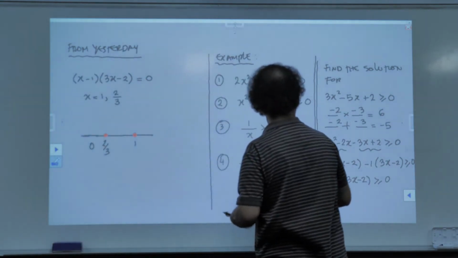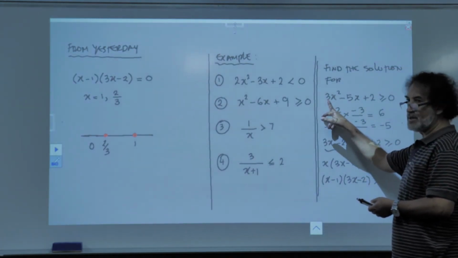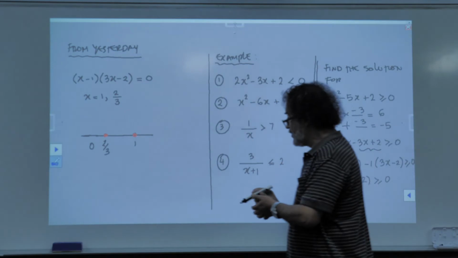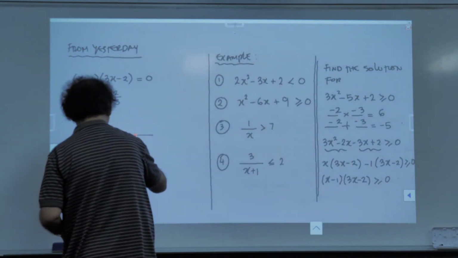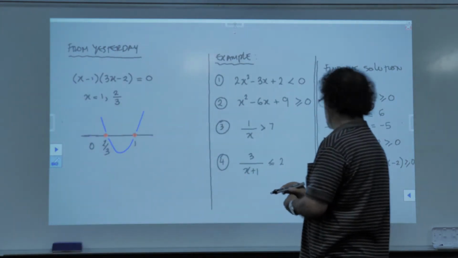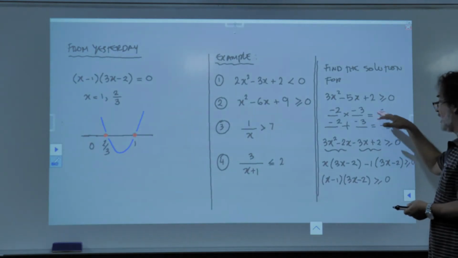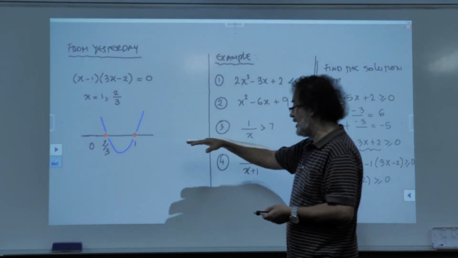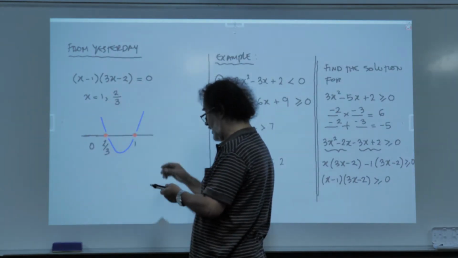Okay, and then also we know that this is going to be a concave parabola because this number is positive, so we're going to draw the picture like that through these two points. Okay, and then we know that we're looking for the positive solution, so we look for the positive section of this graph, the one that is above the x-axis.